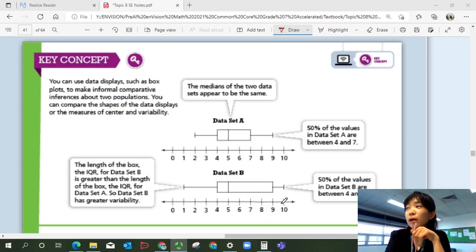You have to talk about the median, the IQRs, the boxes, the spread, the variability, the minimum and maximum, and where most of your data are. So there are a lot of things that you can infer from the two data sets. Even though the medians are the same, your boxes might be different, and your range would be different. So you can take a note on that.